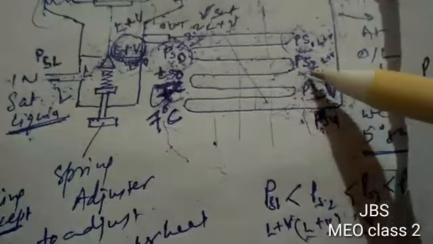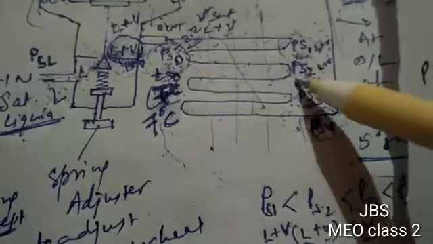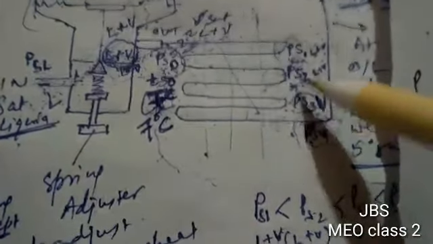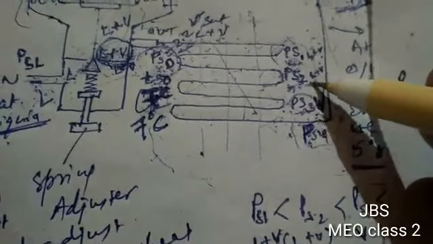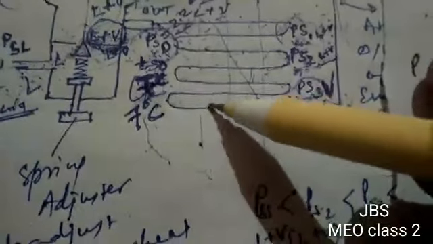After passing through the second coil, there is a further drop in the saturation pressure to PS2. Here also the refrigerant is in the form of a liquid plus vapor mixture. Now it will take more and more heat. As it is passing across the coil, it is getting heated up, and at last we are having only vapor. So the saturation pressure here is PS3, and here it drops to PS4.